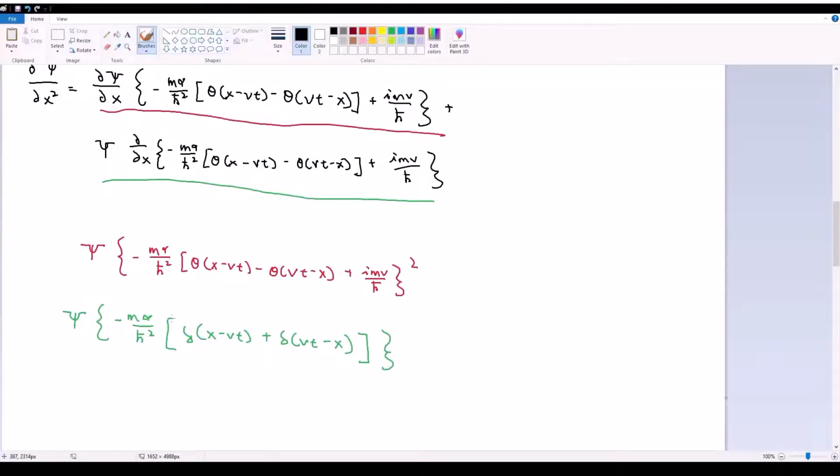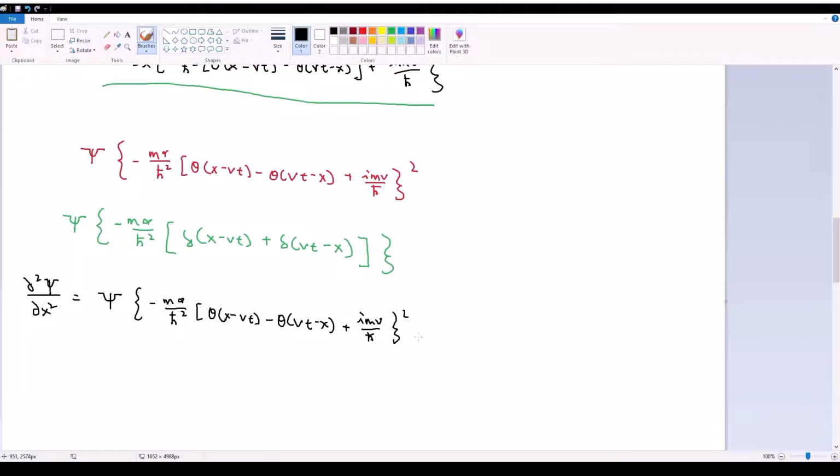So the second derivative of psi with respect to x is now equal to psi times negative m alpha over h bar squared, theta of x minus vt, minus theta of vt minus x, plus i mv over h bar, and then added with psi times negative m alpha over h bar squared times the Dirac delta of x minus vt plus the Dirac delta of vt minus x.